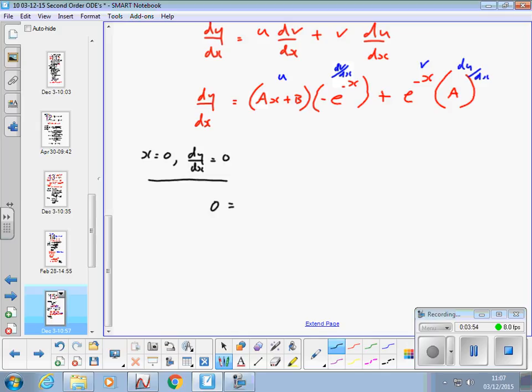Anything to the e to the power 0 is always 1, so if x is 0, we get the first term: the a goes, so we're just left with b times minus 1, because anything to the power 0 is 1, plus e to the minus x is 1, so that's just a, and we get this.